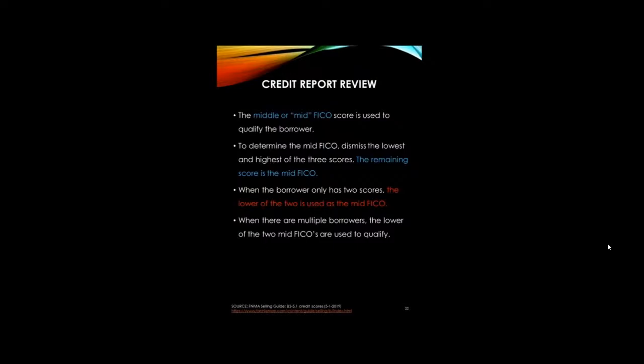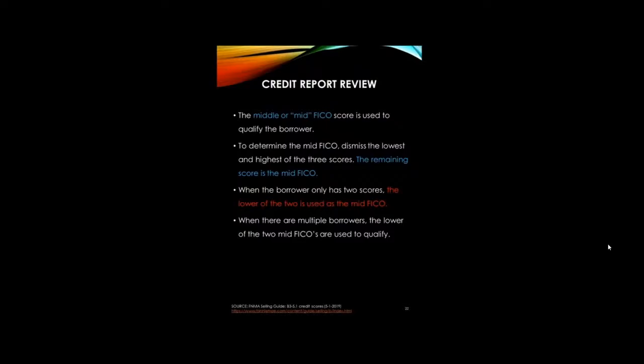So when it says middle or mid FICO score used, if you have a 750, a 780, and a 600, the middle one is not the 780. That's the highest one. You're going to take the 750. So you really just have to type them up on a paper or visually imagine, and do the order, stacking from highest to lowest, and then you choose the middle.